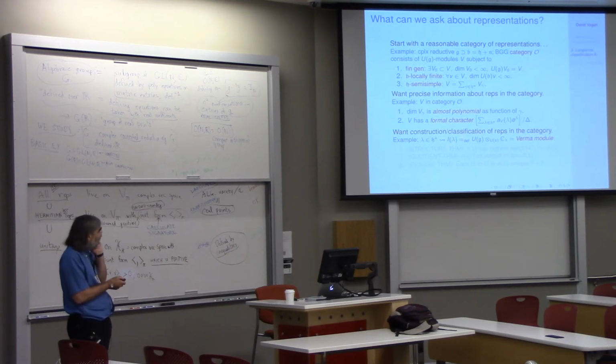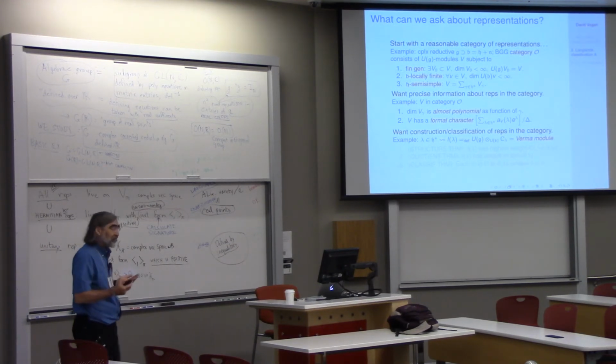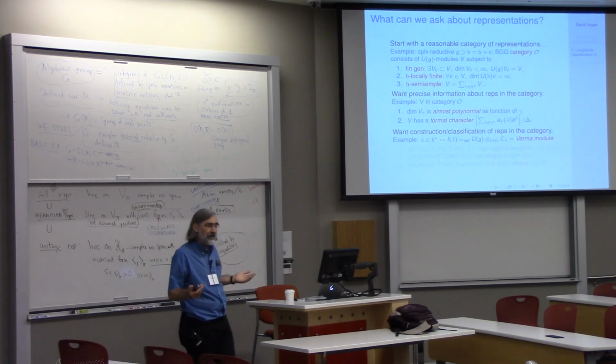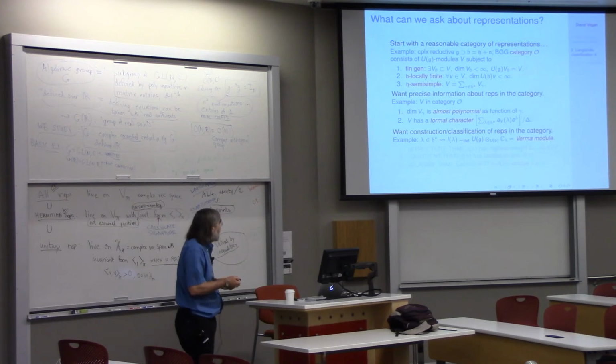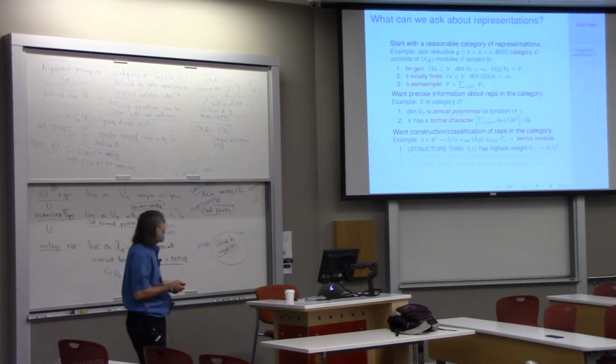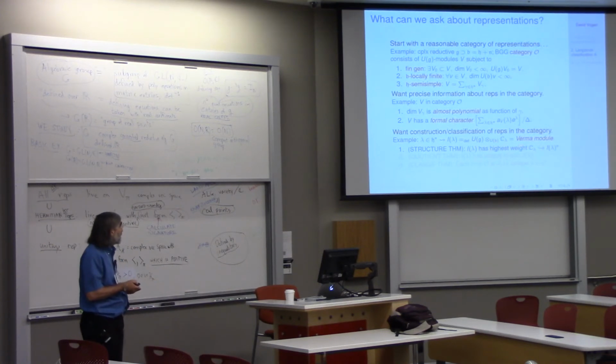So the description that you can read about in Humphreys' book for highest weight modules is based on these Verma modules. The first fact is that this Verma module has a highest weight vector.